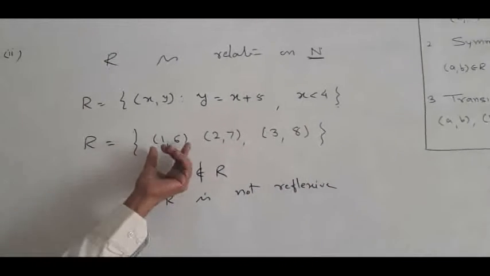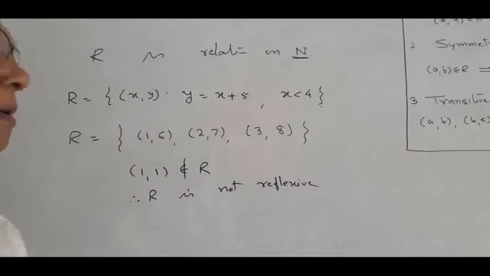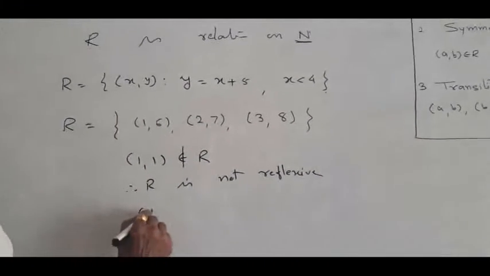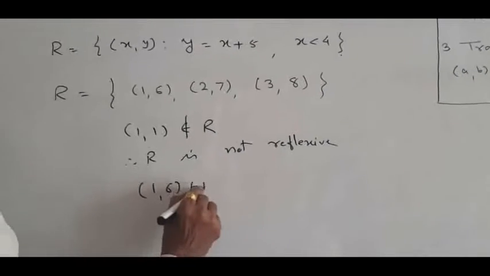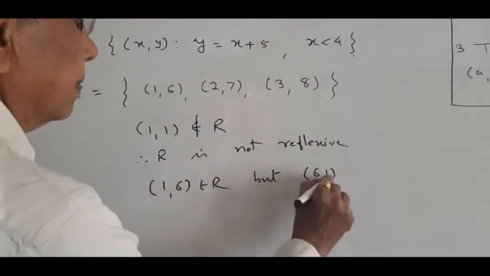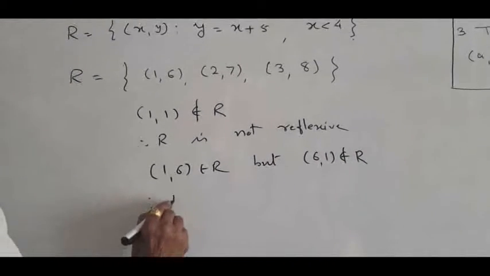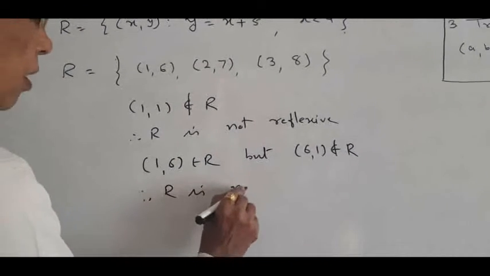Here (1, 6) belongs to R, but (6, 1) does not belong to R. Means R is not symmetric.